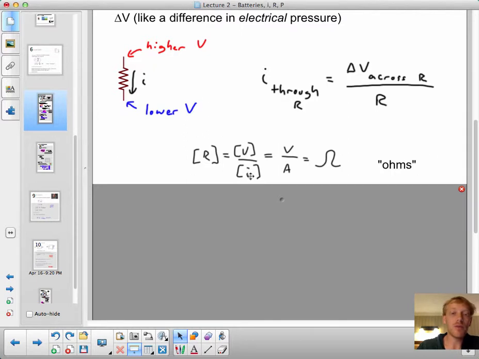The symbol for the quantity current is I, and the symbol for its unit is A, amps. A volt per amp is an ohm. If you apply a difference in voltage of 1 volt across a resistor and get a current of 1 amp through the resistor, it has a resistance of 1 ohm.